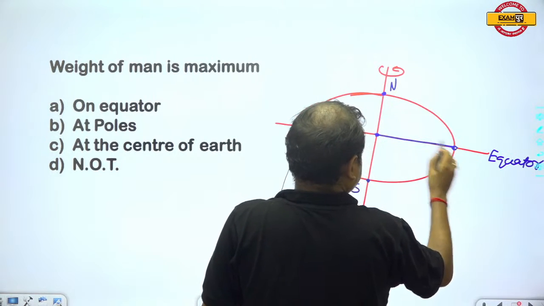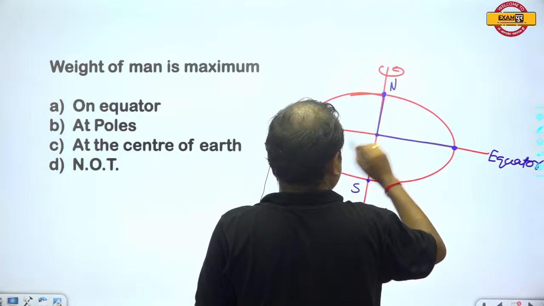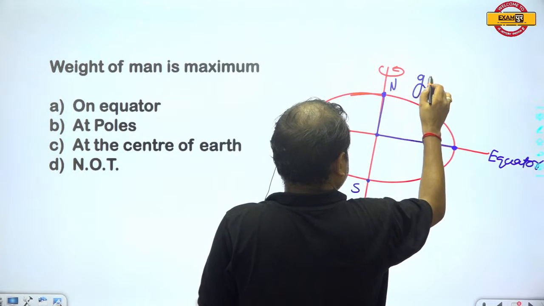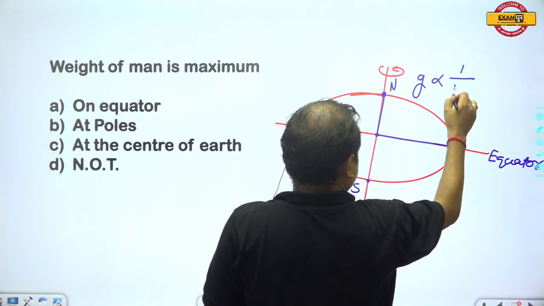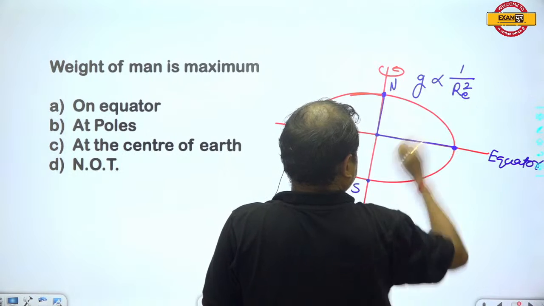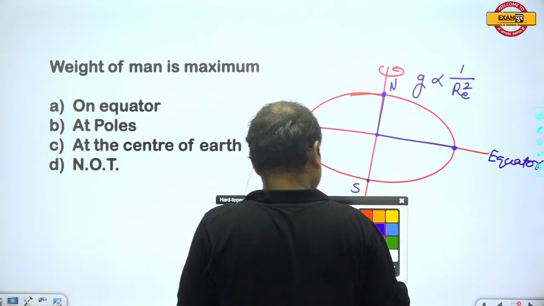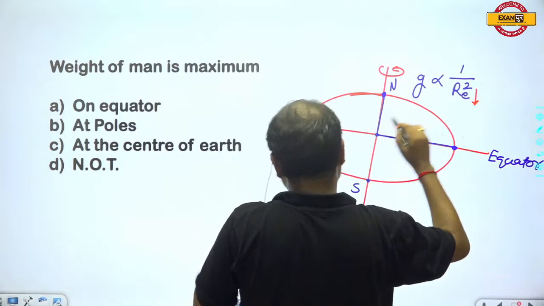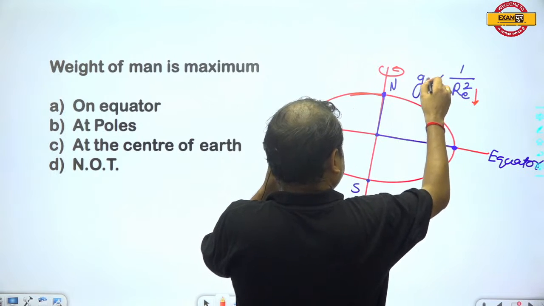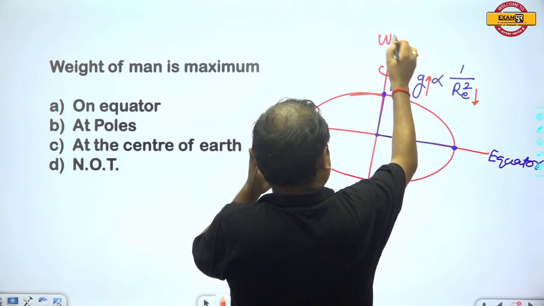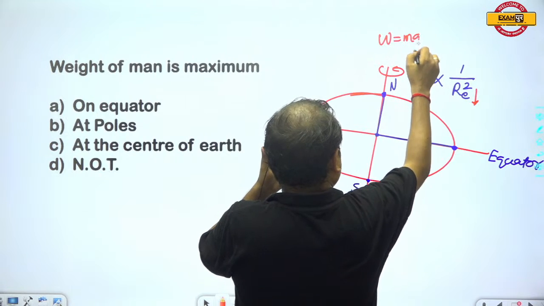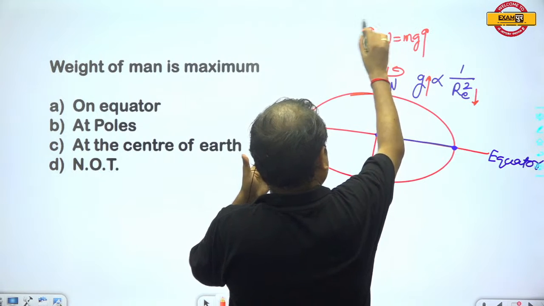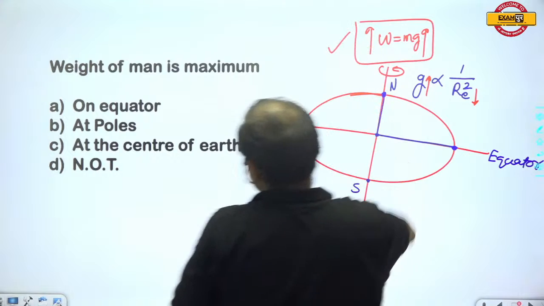On equator, radius is maximum, on pole the radius is minimum. Value of g is inversely proportional to the square of radius of earth. So where the radius of the earth is minimum, the value of g will be maximum, and the weight of the body will also be maximum.